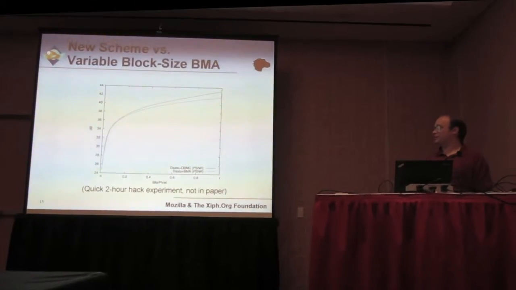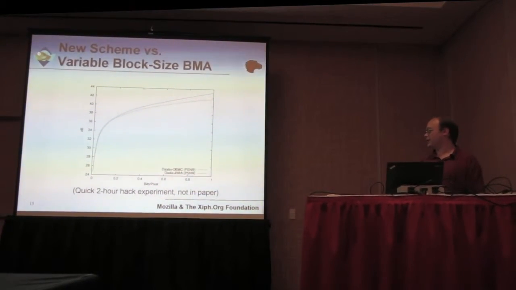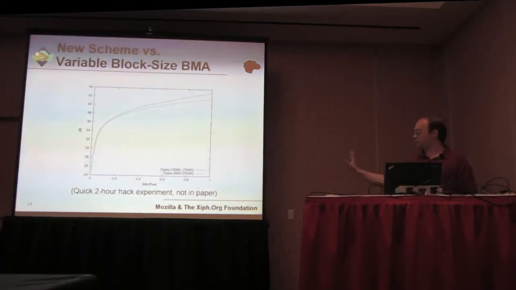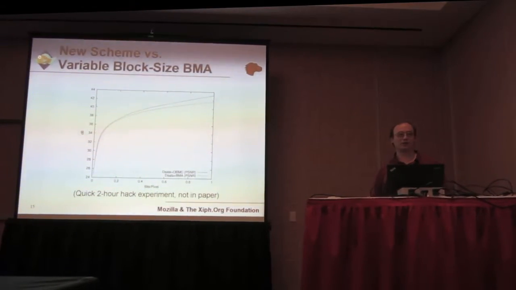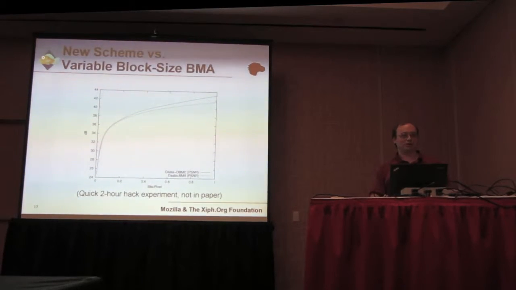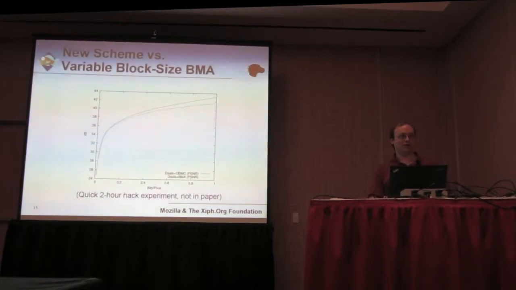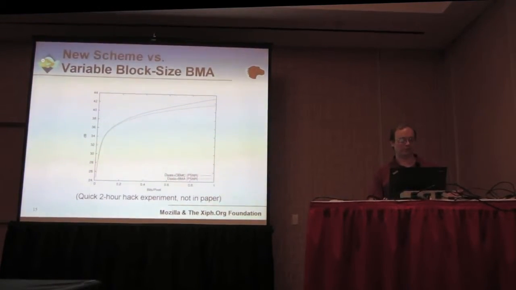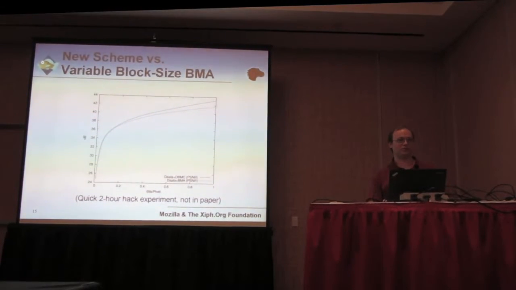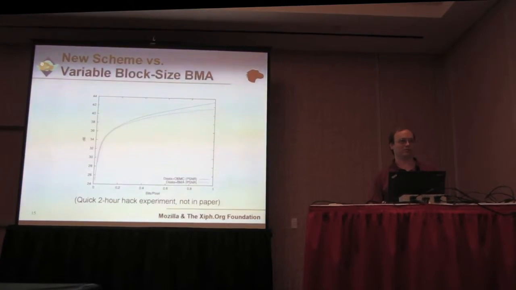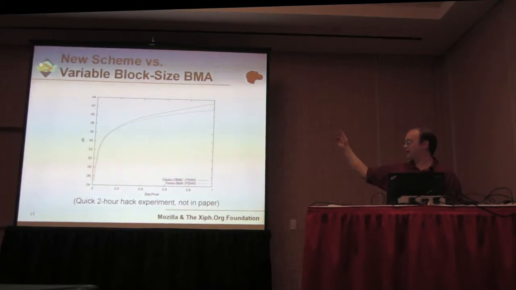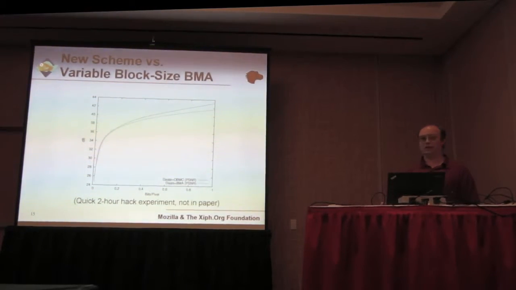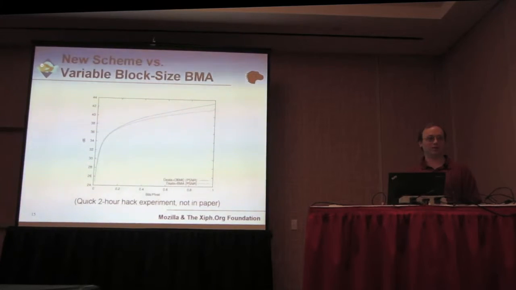So we implemented this in our codec. This result was not published in the paper because this was really just a quick 2-hour hack experiment. We had never actually compared our variable block size overlap motion compensation stuff to just normal variable block size motion compensation, but I did do an experiment, and you can see we actually get a significant gain from using the overlap block motion compensation.